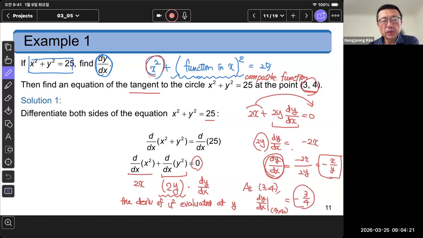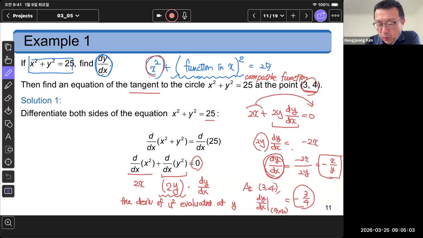After the differentiation, some terms will have dy dx and some won't. Then you move all the terms which do not have dy dx to the right hand side, and after a little rearrangement of the terms, you will find the expression for dy dx.